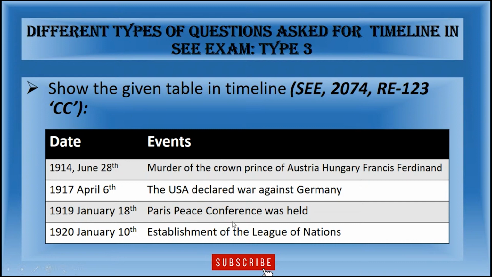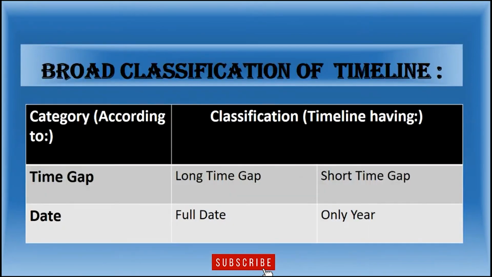So when we look at all these three types of questions, now we can summarize like this. We can classify the timeline in these categories: category according to time gap, and category according to date.